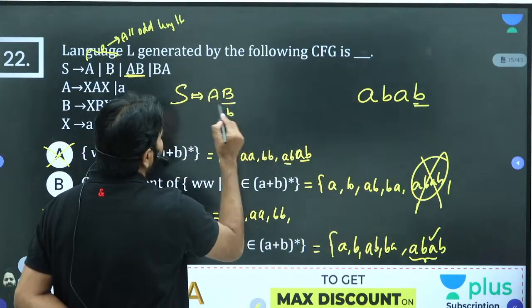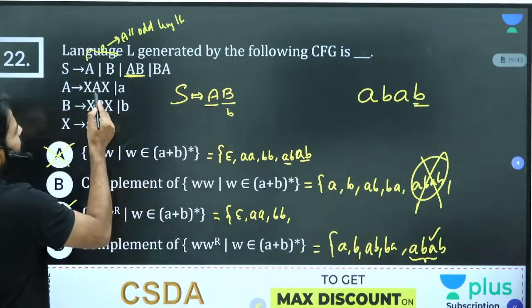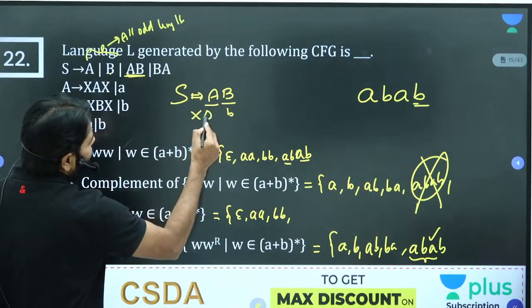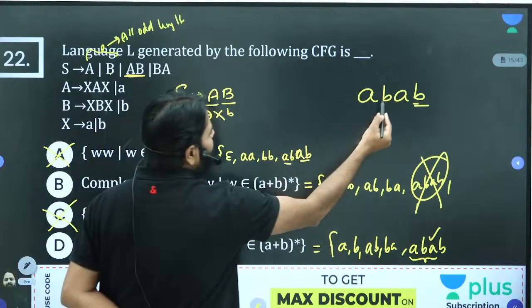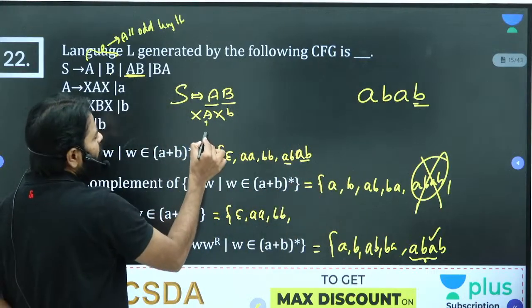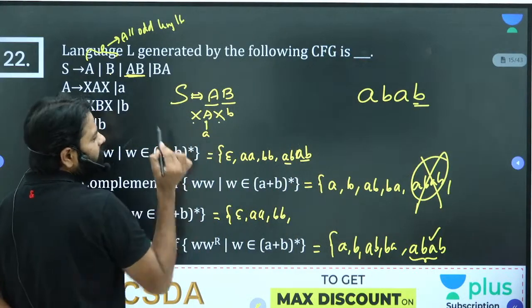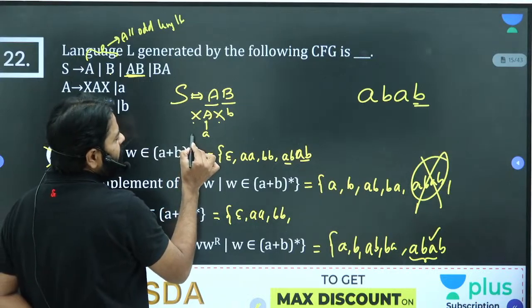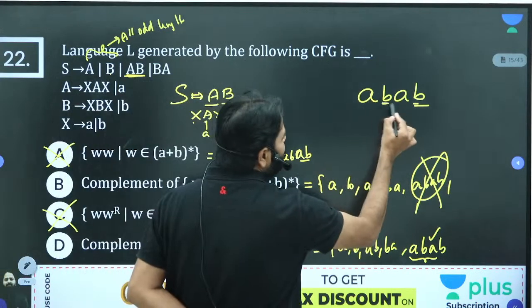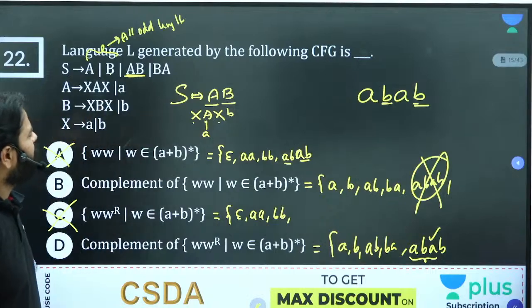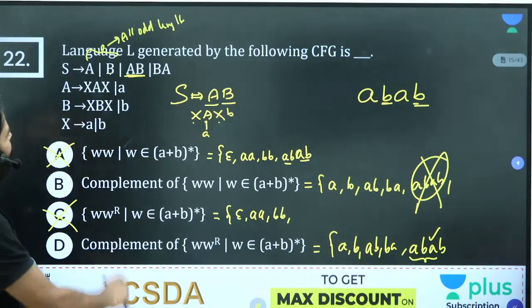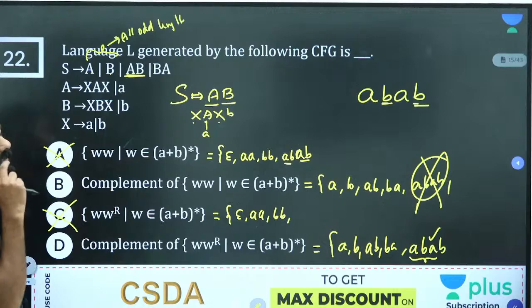And what capital A? XAX. And you want ABA, but capital A can do small a. And XX, what can it be? Oh, we want here small b. So not possible.